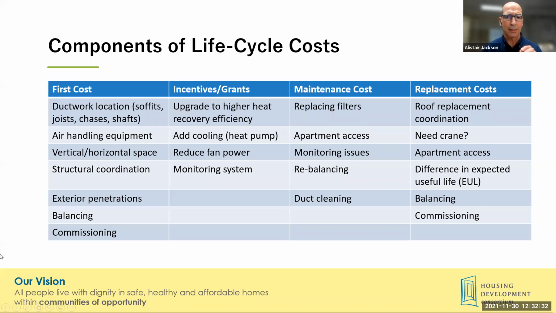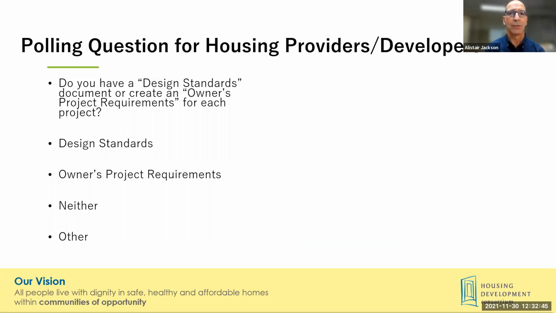We've talked a little bit about requirements, and one of the things I'd like to do here is just poll the housing providers and developers in the room with a question about design standards and owners' project requirements.